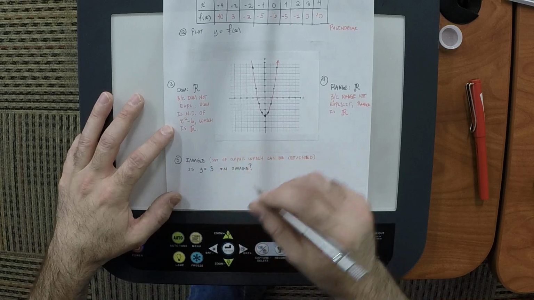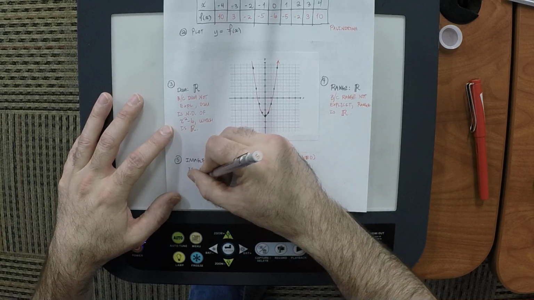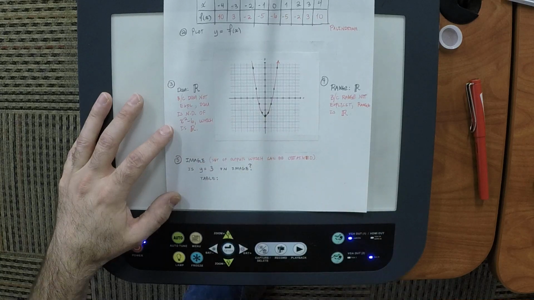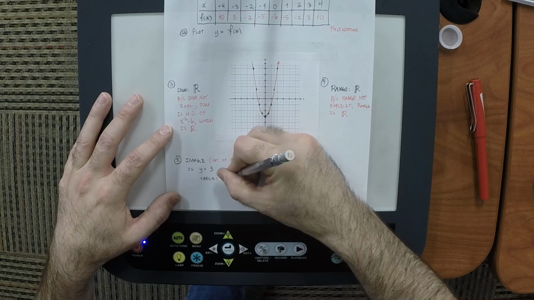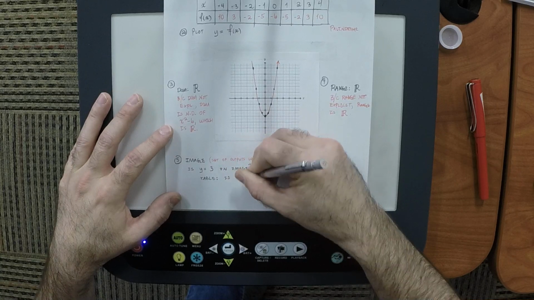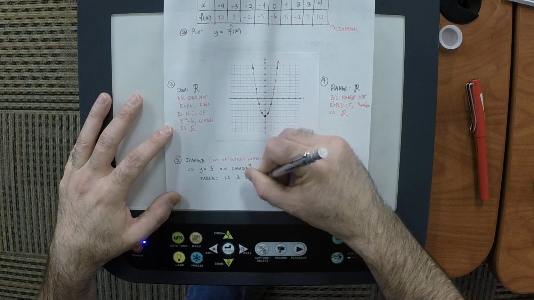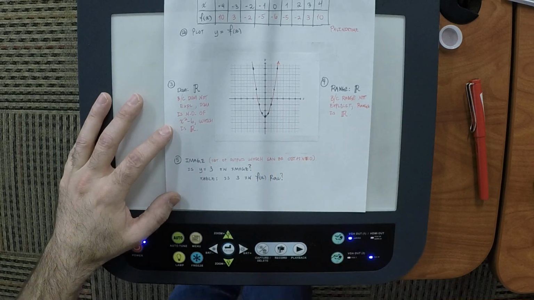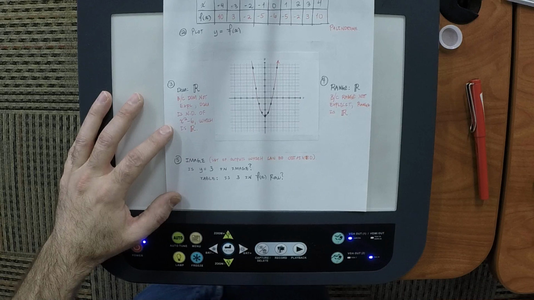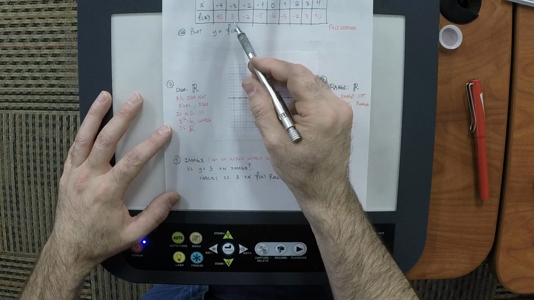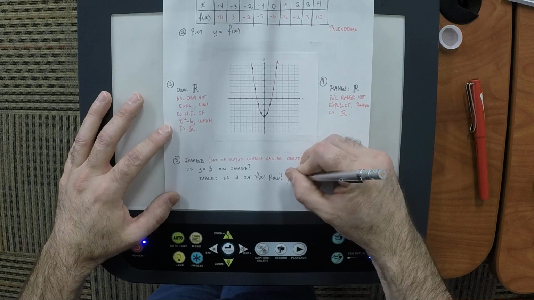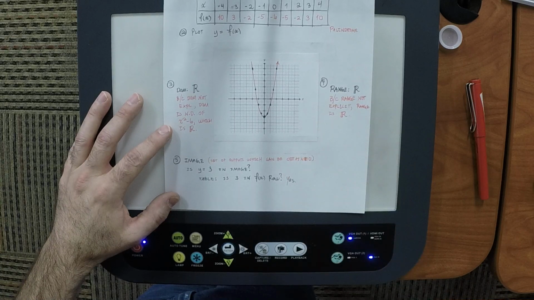From the table point of view, the question is: is 3 in the f of x row? It is, right? It's right there. So the answer is yes, from the table point of view.